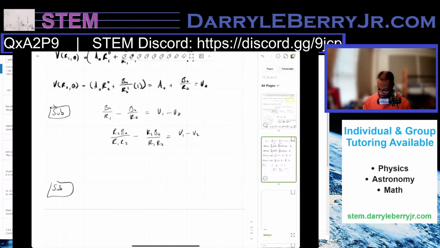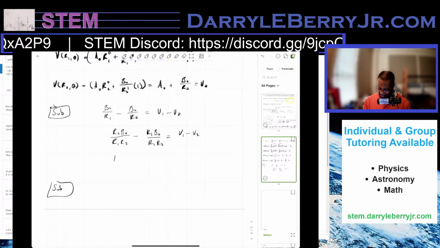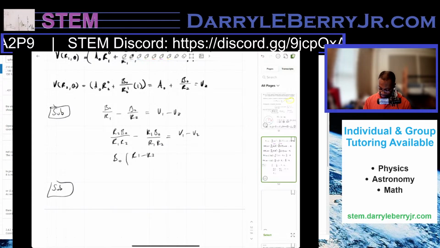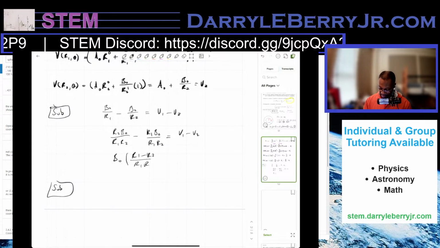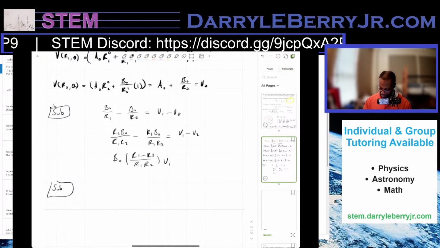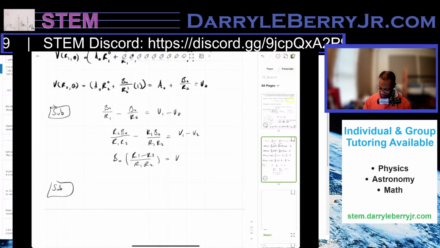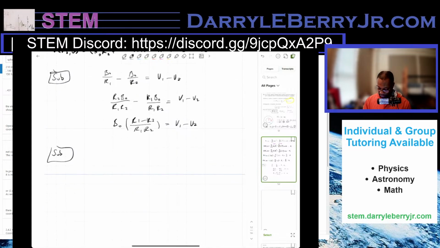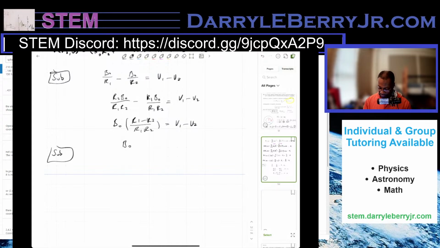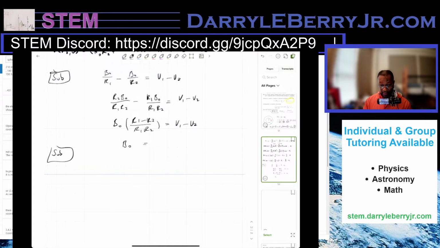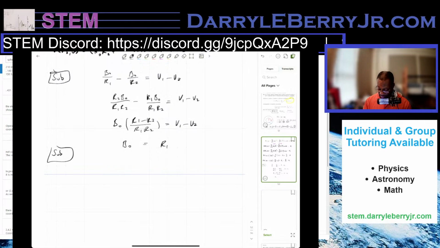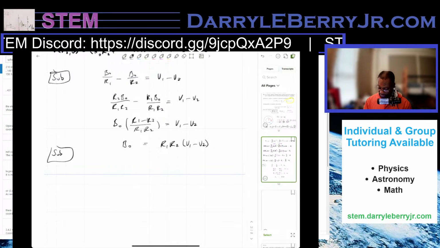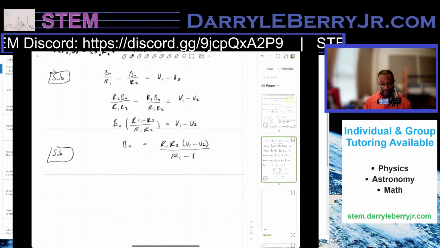So we can say that this is B naught times R1 minus R2 over R1 R2 equals V1 minus V2. So then we can bring that over and say B naught equals R1 R2 times V1 minus V2 over R1 minus R2.